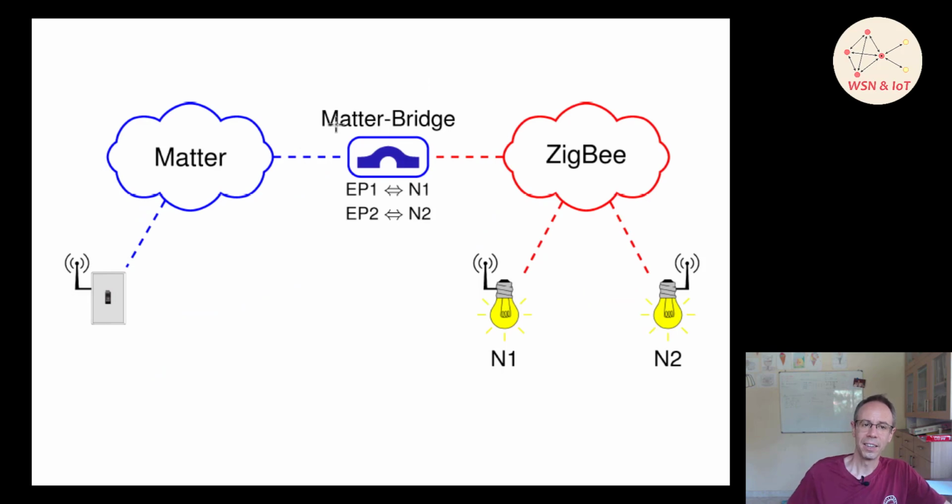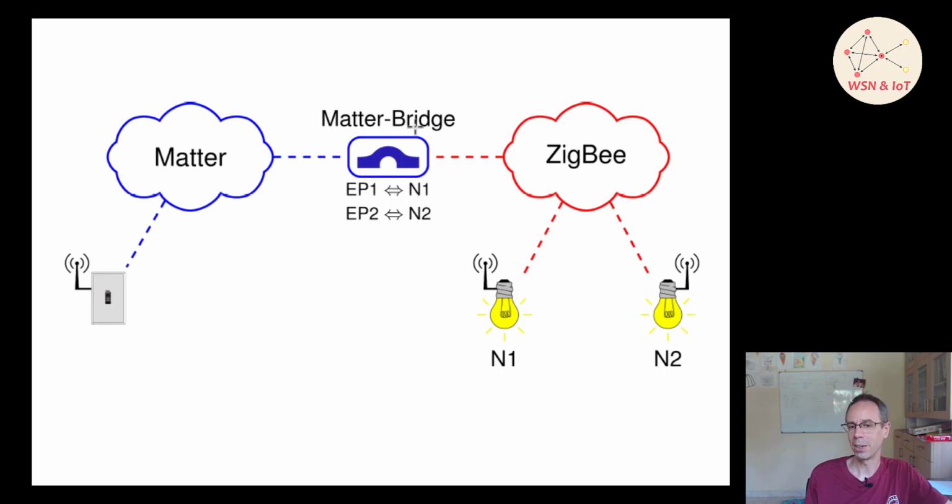The next thing is the interoperability with already existing smart home devices, especially ZigBee and Z-Wave and so on. And also in Matter there is a mechanism which supports this, which is called Matter Bridge. Yeah, for ZigBee it's actually quite easy, but you still need another hardware.